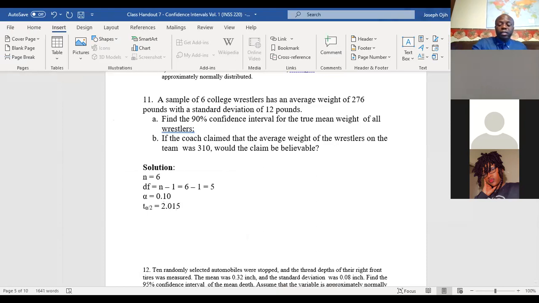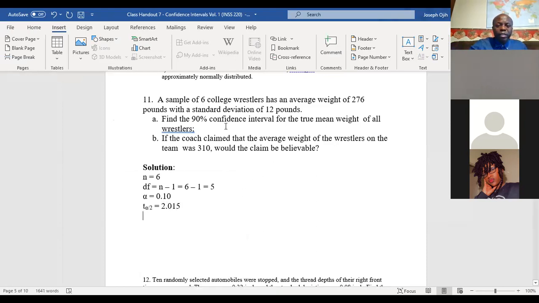Now the sample mean x bar: for this sample of 6 wrestlers, the sample mean is 276. I have to get the character for the sample mean from the other workbook. Let me write 276 down.